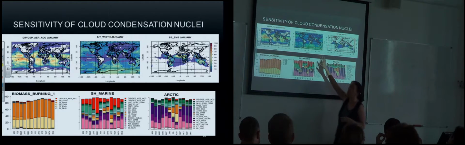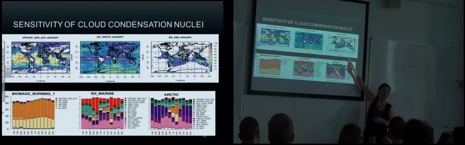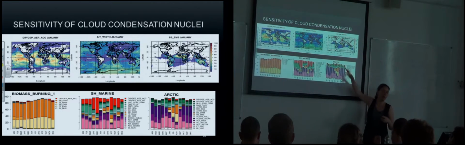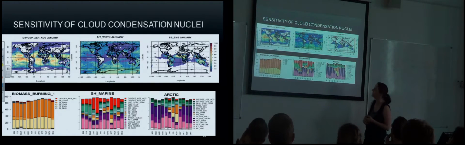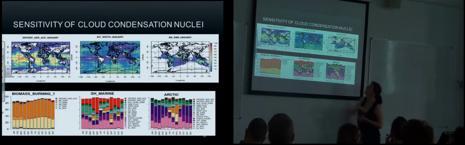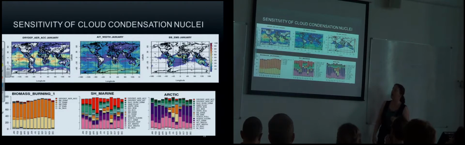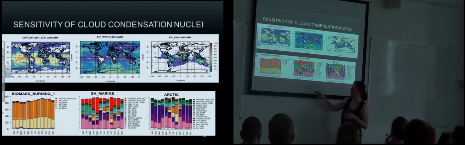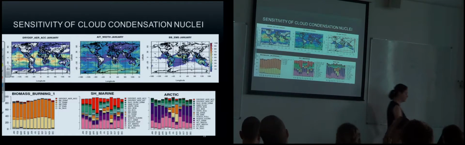That's important everywhere, except for over these regions, which are the biomass burning emissions. So how much aerosol is released by burning of fires in the Amazon and South America and Africa, sorry, and also over Australia.